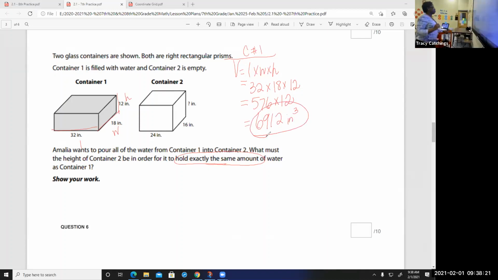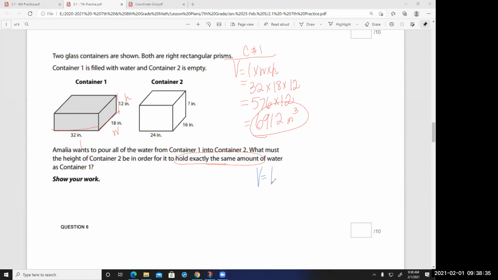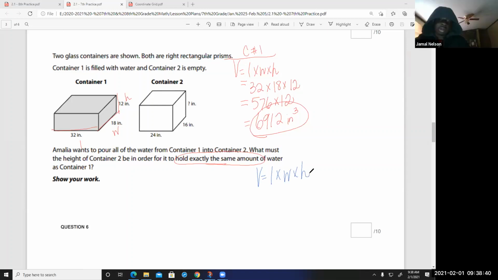All right, container 2 is going to hold the same amount of water. So if container 2 is holding the same amount of water, what's the volume of container 2? How much water did container 1 have?